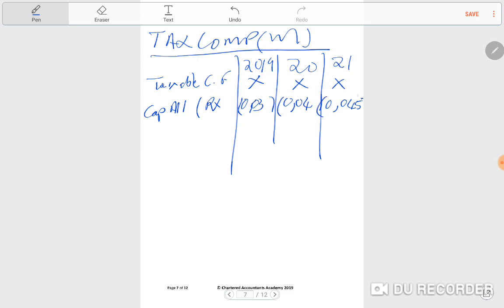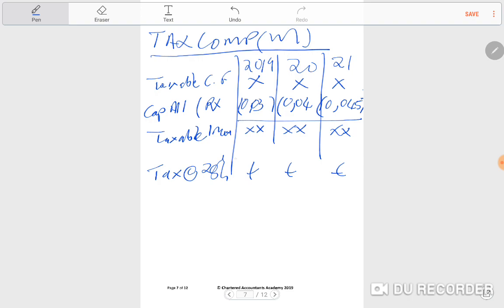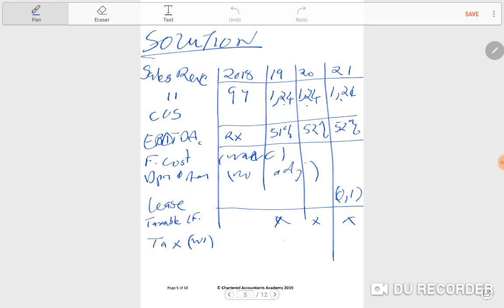So we must subtract what we get here, and then we get our taxable income. Then we tax at 28%, and we get our tax here. Since we said this is working 1, we're going to take our tax computation to here, the tax, and then we're going to subtract it.